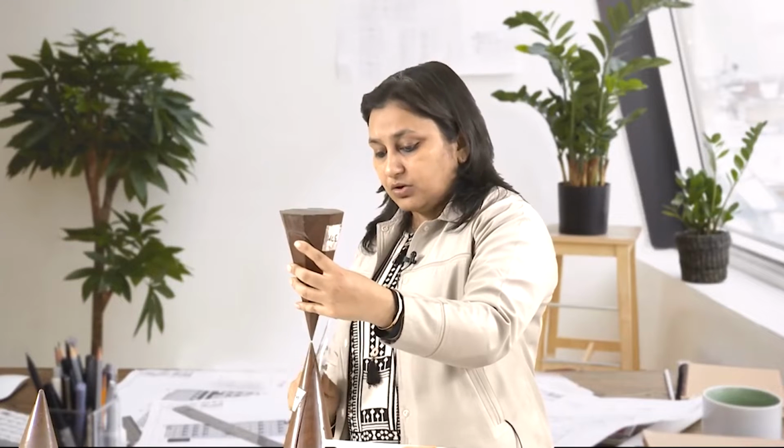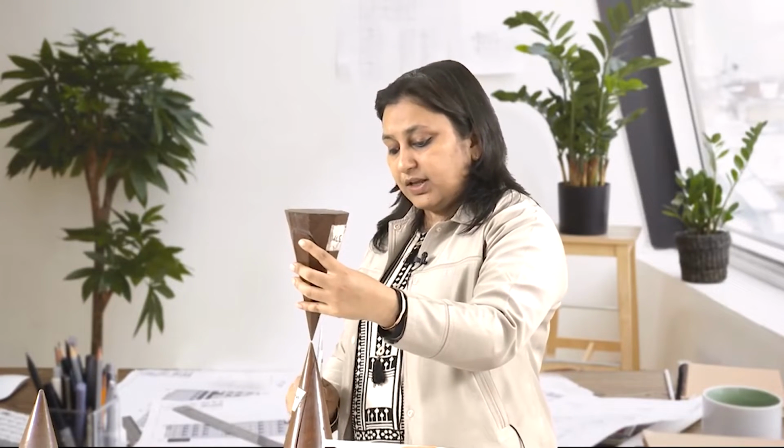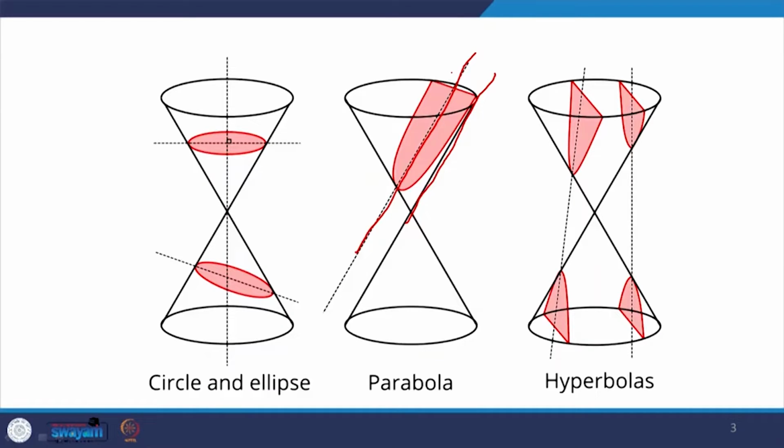So when we cut a cone with a plane parallel to its generator, we will actually get only one parabola, which is what you can see in this image, where the plane which is cutting the cone is parallel to one of its generators, and what we get out of this is a parabola. So in this case we will only get one parabola.